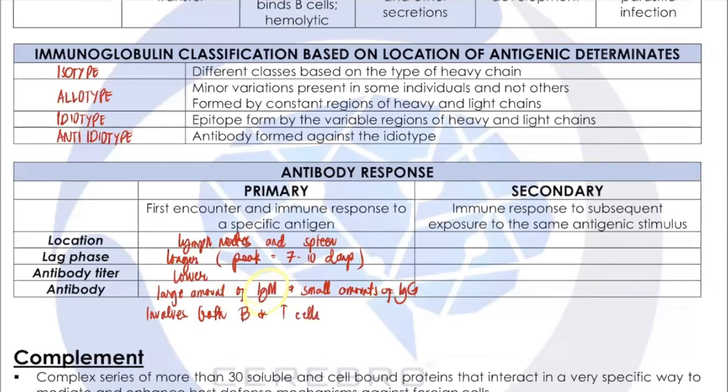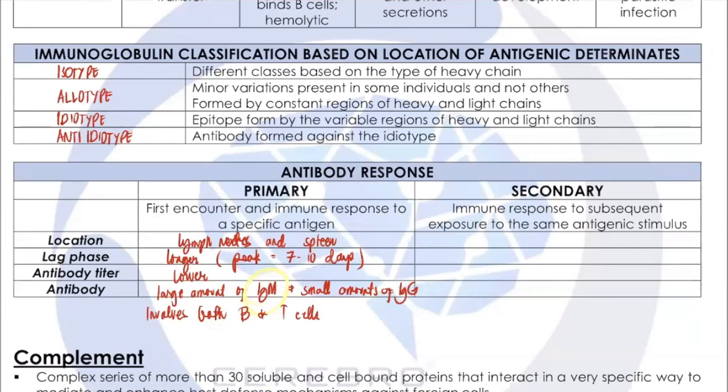Now, for the secondary immune response, this is what we call the anamnestic response. That means it is the second time we encounter an antigen that we were exposed to before. And we expect the response to be faster than the primary, because you already know the enemy.